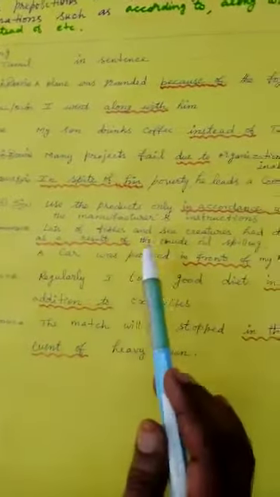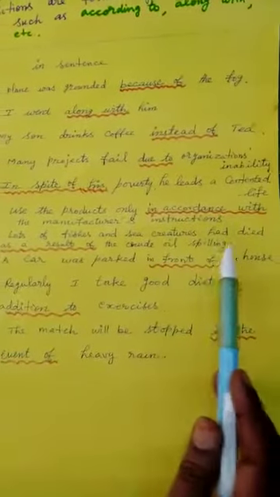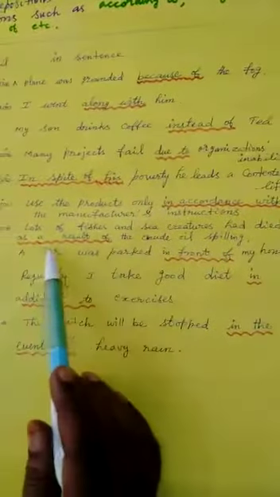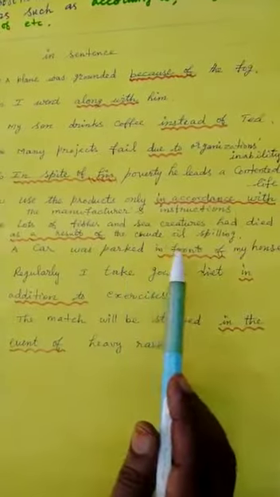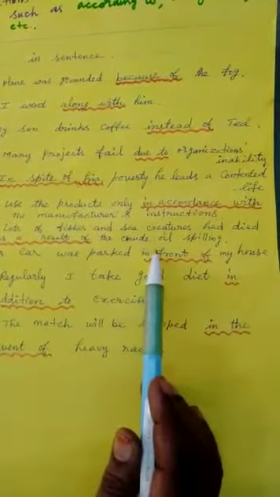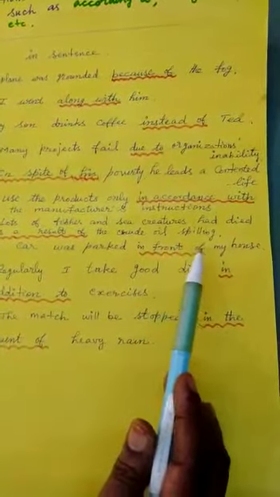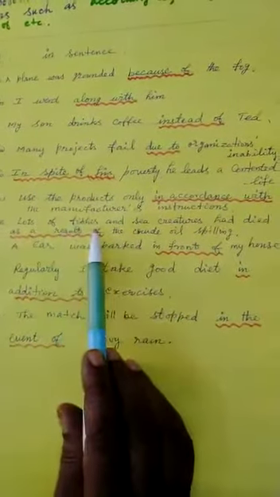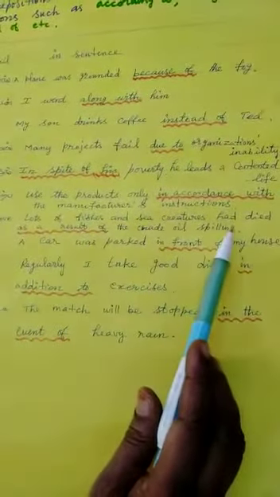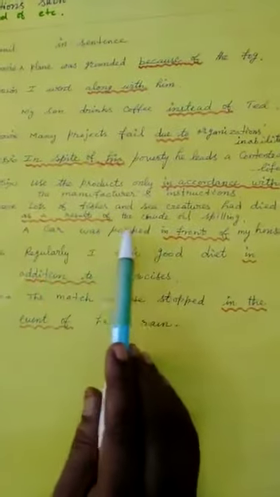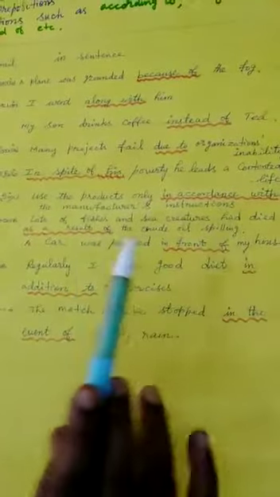Lots of fishes and sea creatures had died as a result of the crude oil spilling in the sea.